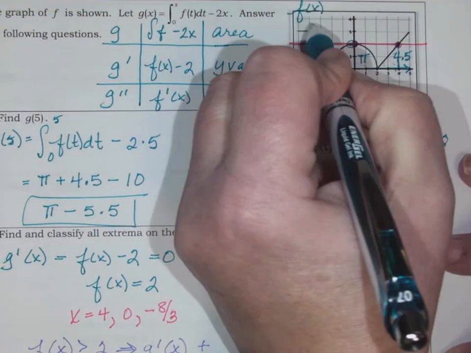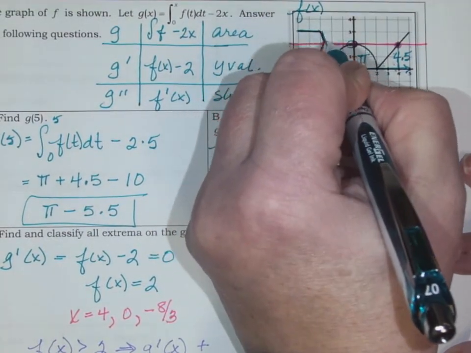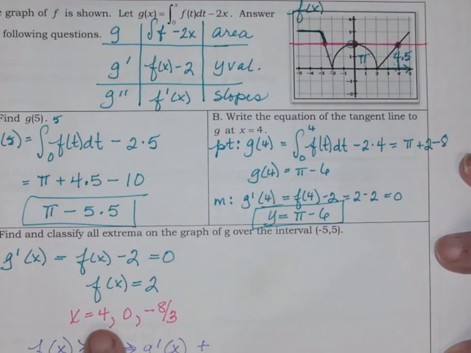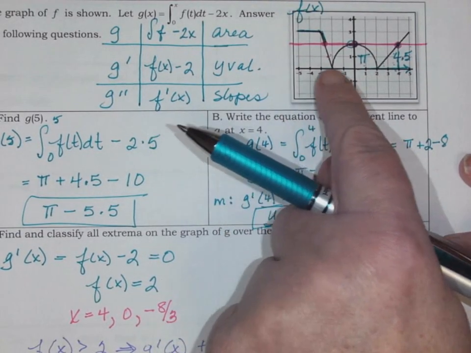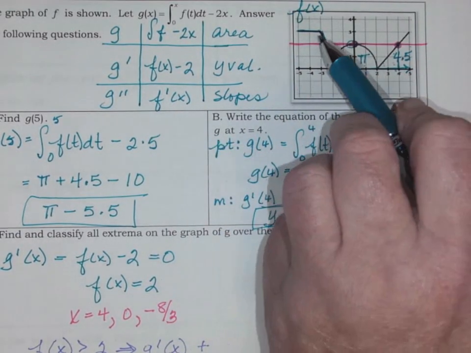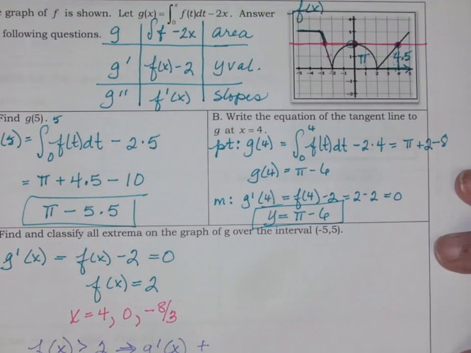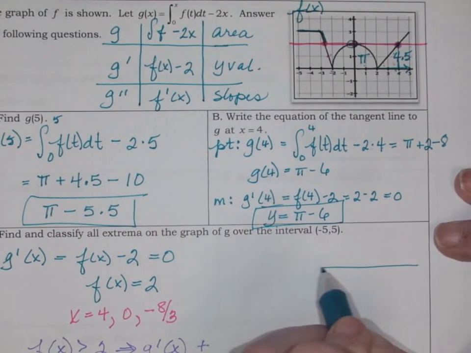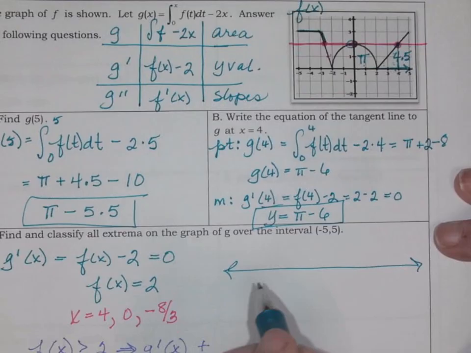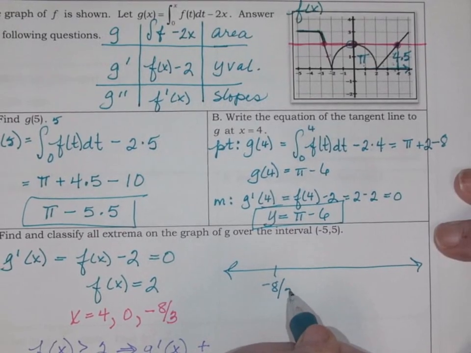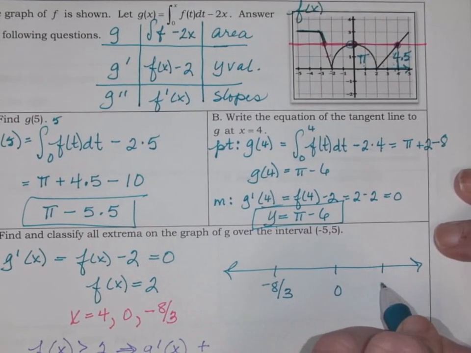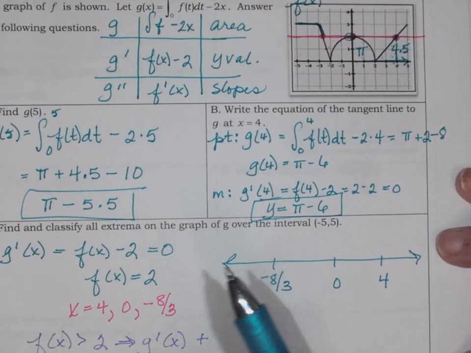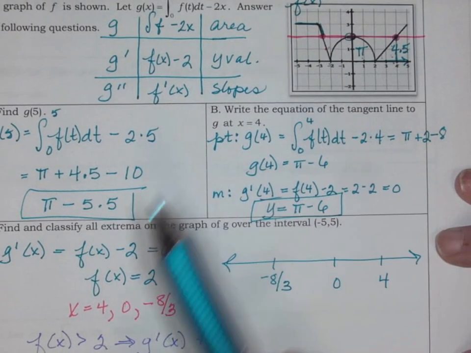So here, f is this guy, so between -5 and -8/3, f is greater than 2. So I'm going to do me a little sign chart. Let's do my -8/3, 0, and 4. Okay, so to the left of -8/3, f is greater.